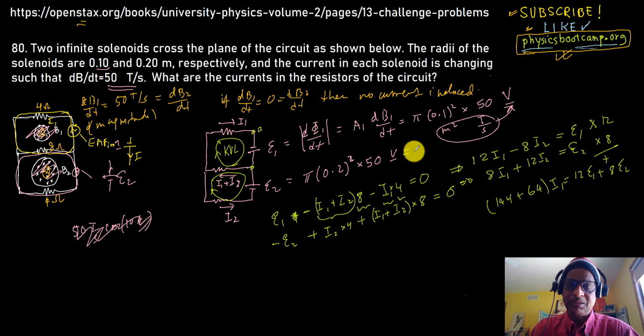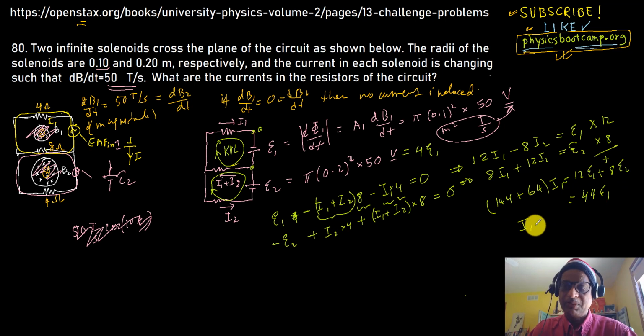So you can see here, this is the only difference. So this is going to be 4 times E1. So this is actually, don't have to go E1 and E2 separately, just the same. So in terms of 4 times, right? So this is 32 plus this 44 E1. So I1, I got 44 E1 over 4 and 4, 8.